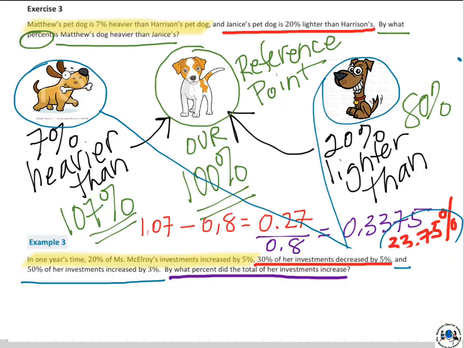All right, let's go ahead and take a look at what you've done. So what I first want to do is treat these increases and decreases in a percentage fashion. So I have increased by 5%.